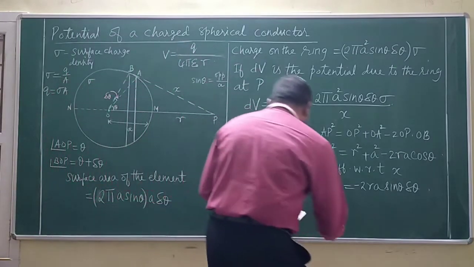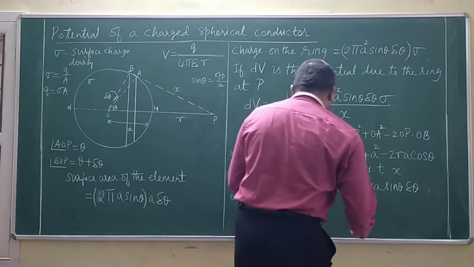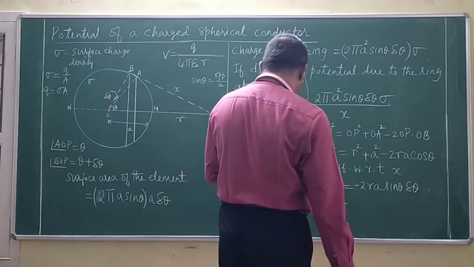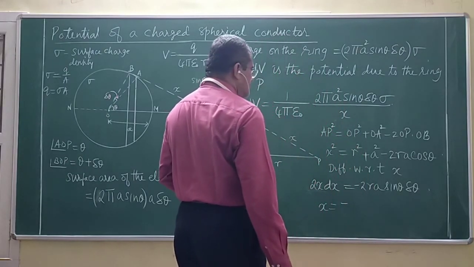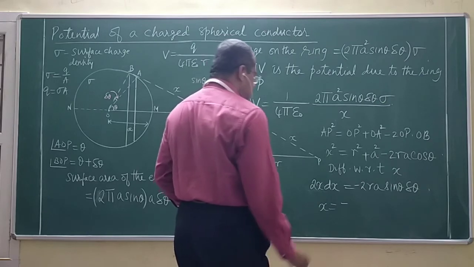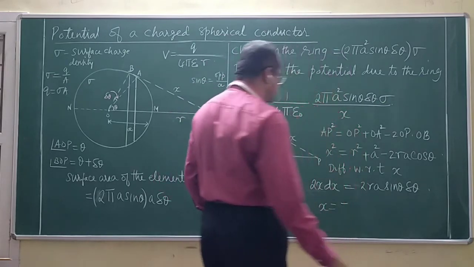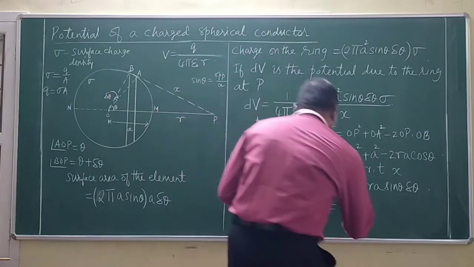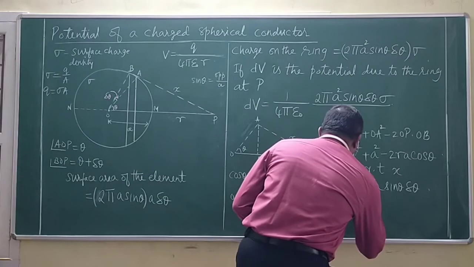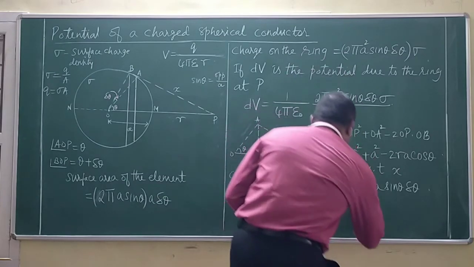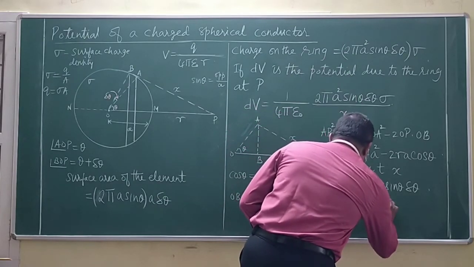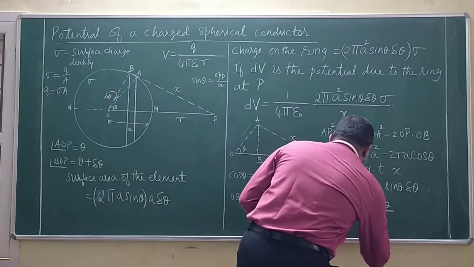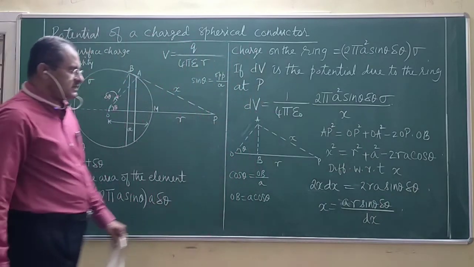From this I will determine x. x will be equal to, if I differentiate cos theta, it's not minus sin theta, it's plus sin theta. I'm sorry. Therefore, this is going to give me a r sin theta del theta divided by dx. Is that clear to you?